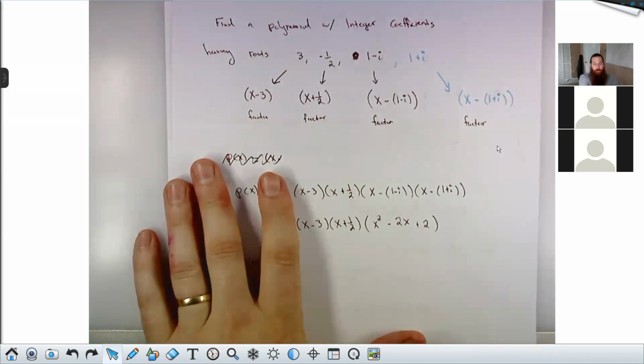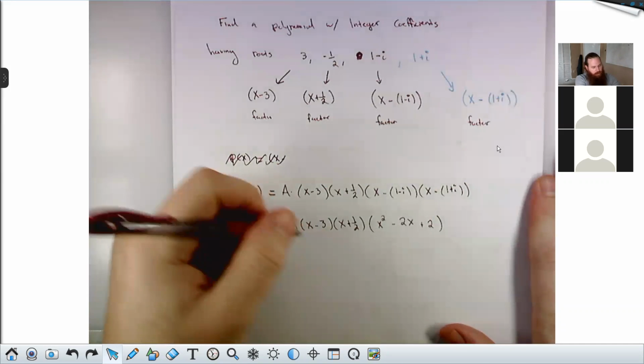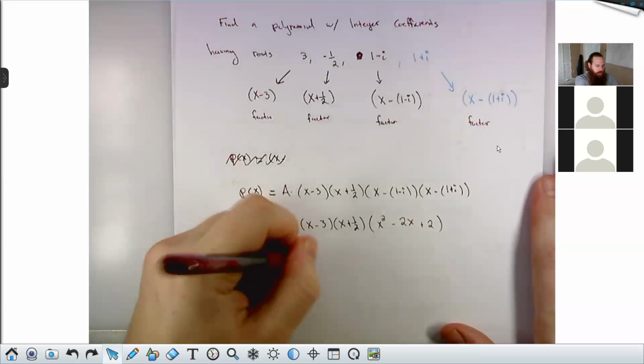So I chose this problem for two reasons. I wanted to drive home that the easiest way to do this is to use a equals 2.